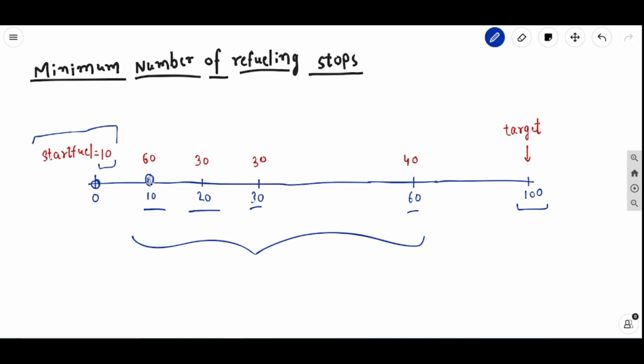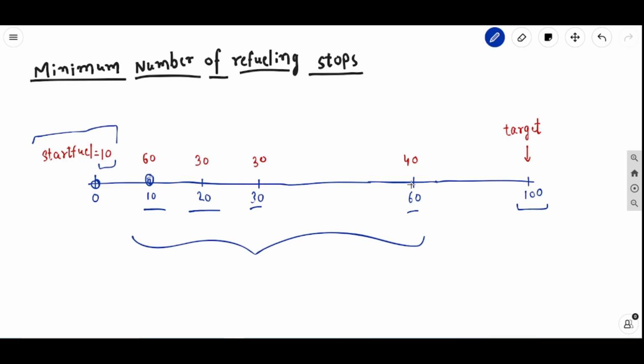Now from position number 10 we move to position number 20, 30, and even position number 60 without stopping at any of the intermediate fuel stations present at position number 20 and position number 30, because we have the fuel in our gas tank.